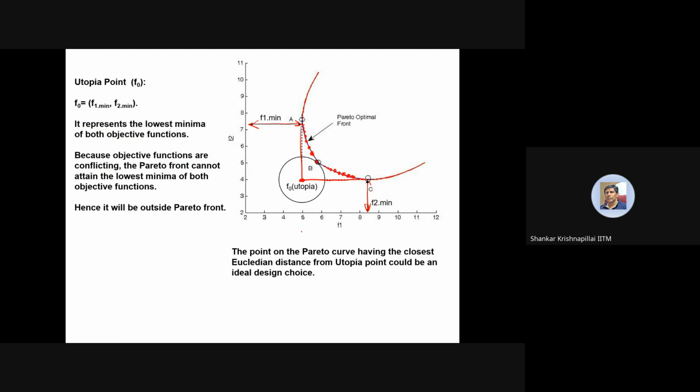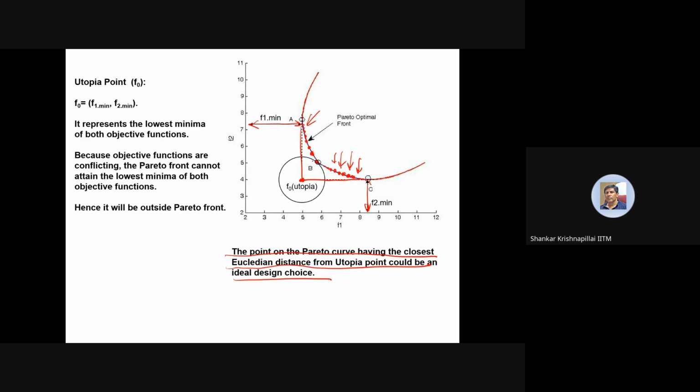You cannot tell a customer that all these infinite points are equally good and you can pick one of them. So from a practical point of view, the point on the Pareto front having the closest distance from the utopia point can be the ideal design choice for the engineer.